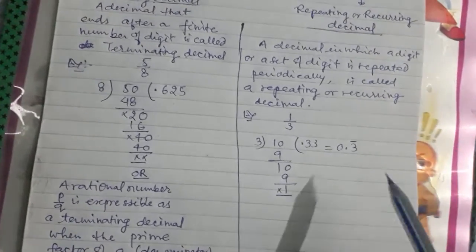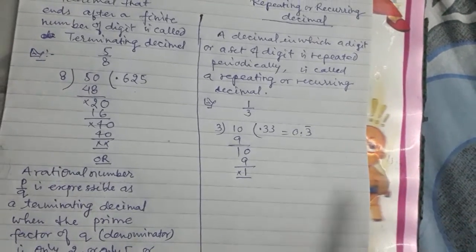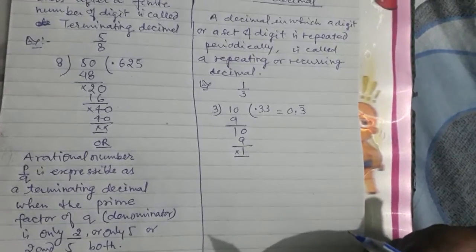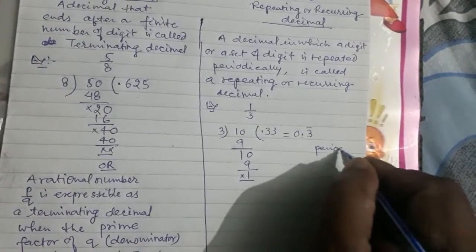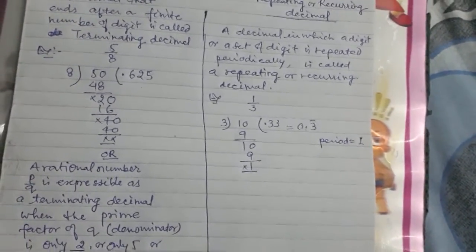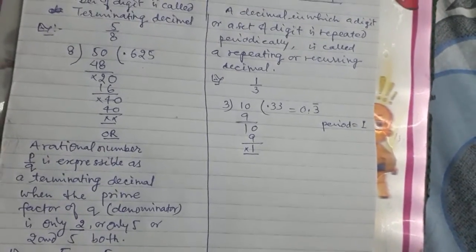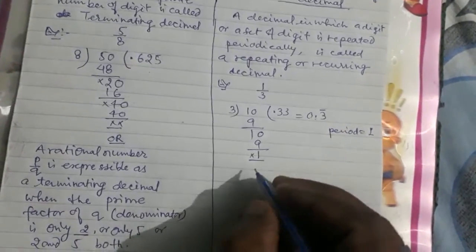Look here, after the decimal 3 is repeated periodically, so it has period 1. If 2 numbers are repeated again and again, it has period 2.